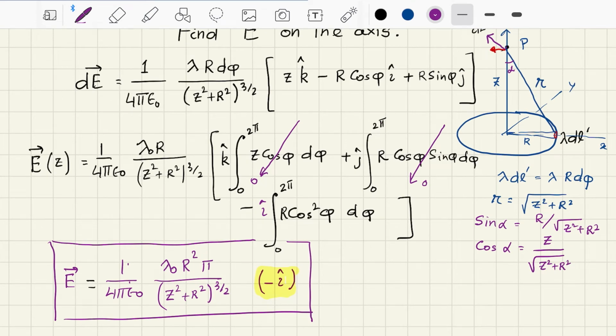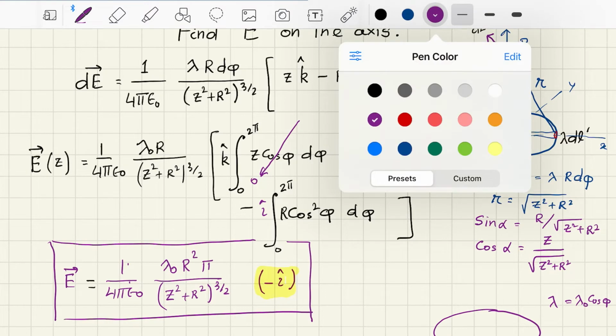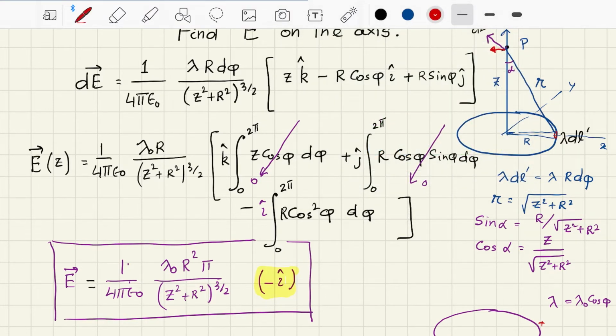Well, when we say a circle, and lambda is equal to lambda naught cos phi, you have a charge distribution which at phi equal to 0 is plus, slowly becoming 0 towards phi equal to pi over 2, and minus on the other side.